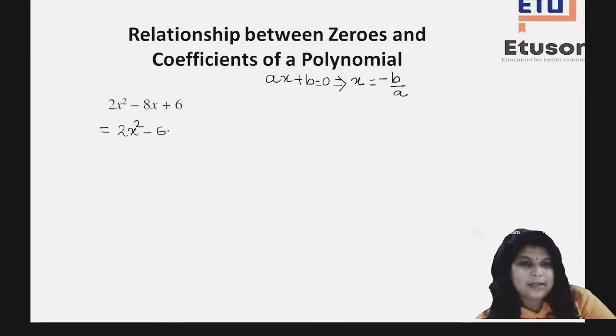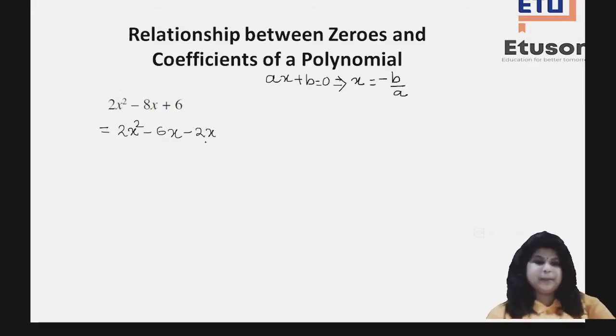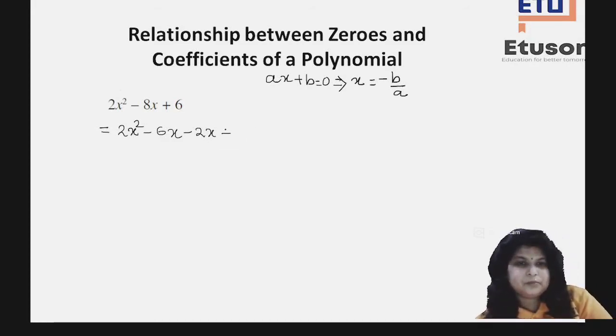So can I write minus 6x and minus 2x in place of minus 8x? I can, because if you multiply minus 6 and minus 2, you will get 12. Correct? Plus 6.